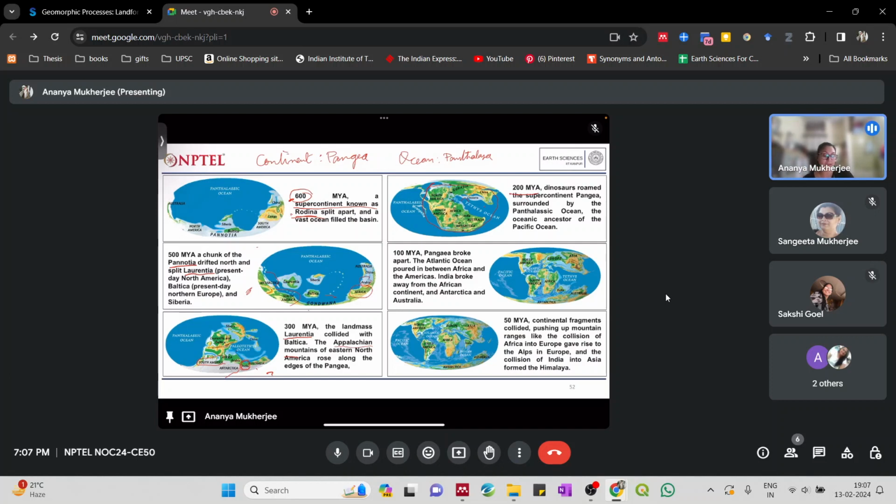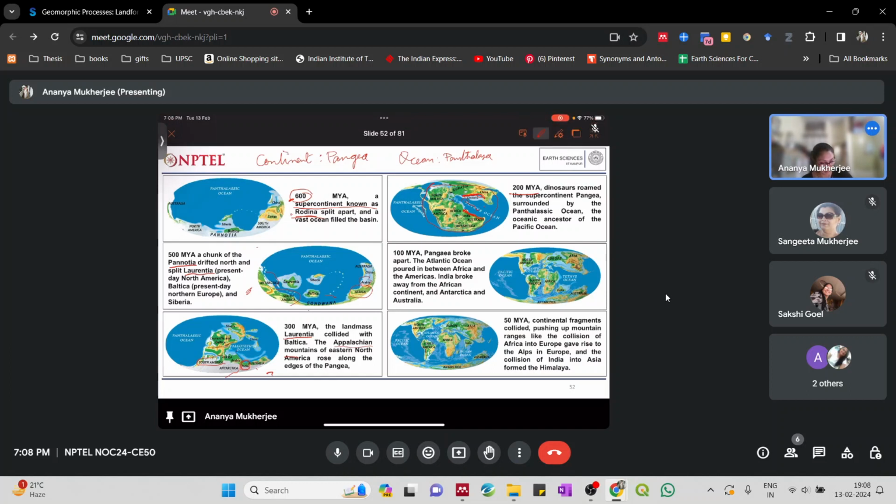Okay, so in Pangaea, most of the oceanic part was Panthalassa, but between the Indian side of Pangaea and the Eurasian side of Pangaea, we had another ocean, that was the Tethys Ocean.